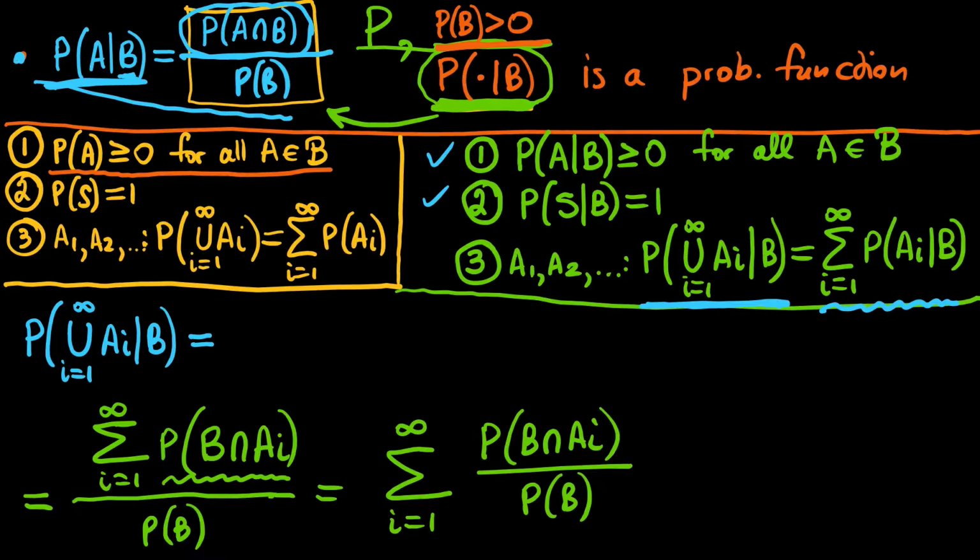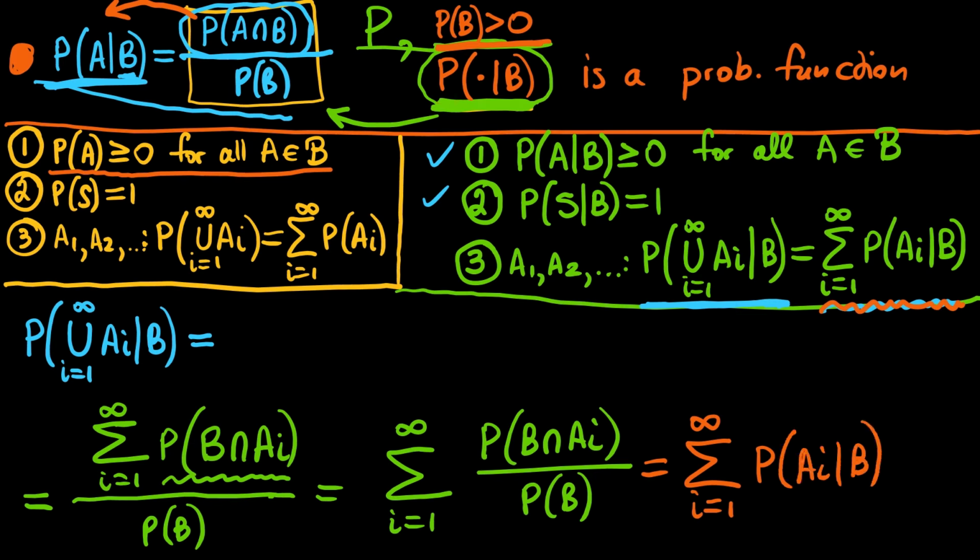We're trying to get to this right side. We're trying to show that it equals that. And recall the definition here. Now we're just going from the right side to the left. And so you see that we can write this as the infinite sum of the probability of Ai given B. Okay, so then we've shown that this third axiom is satisfied as well.